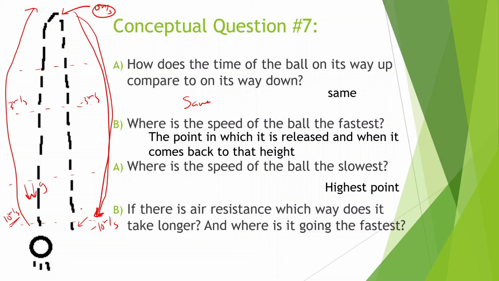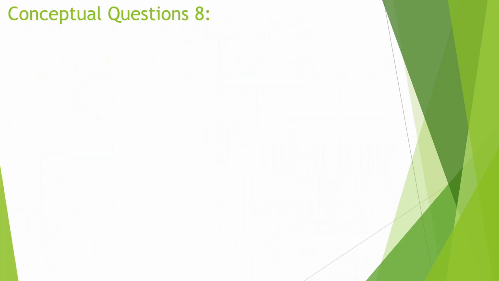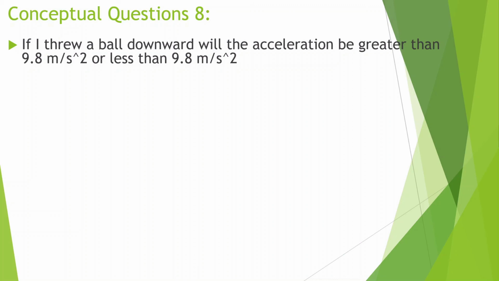It's going to be a bit slower. So where is it going the fastest? It's going to be going the fastest the moment it's thrown. If it's going faster on this side at the beginning, that means it's going to take longer to go all the way to the end over here. So going down is going to take longer, and the moment it is thrown is when it's going the fastest.